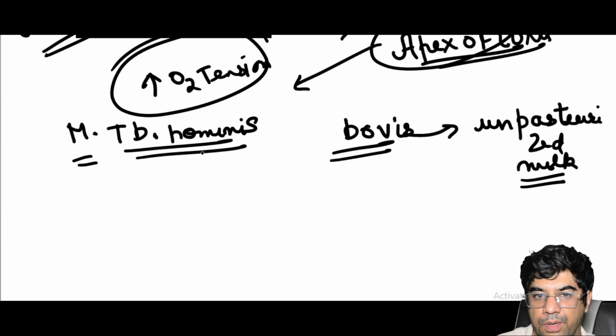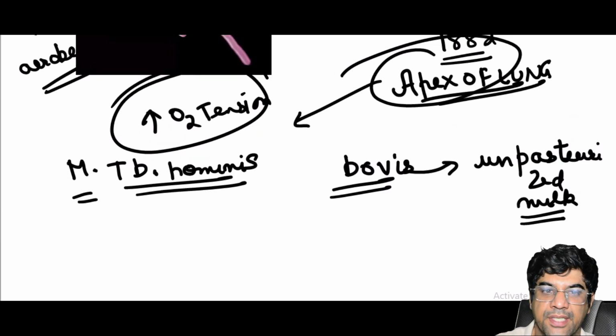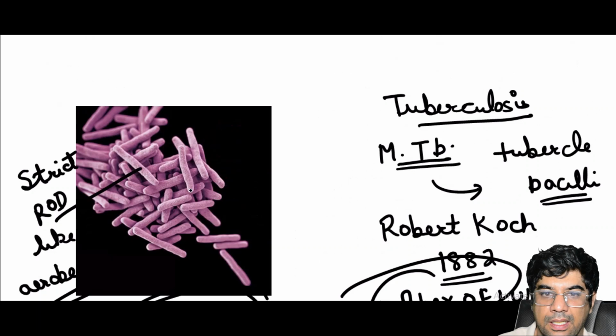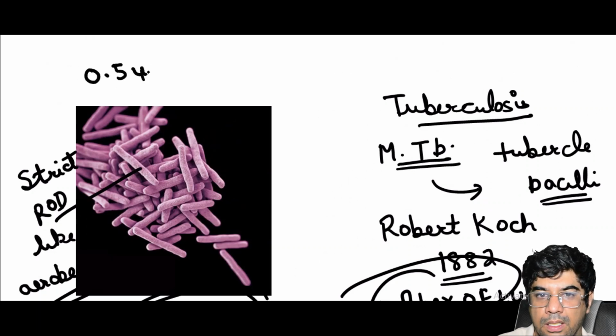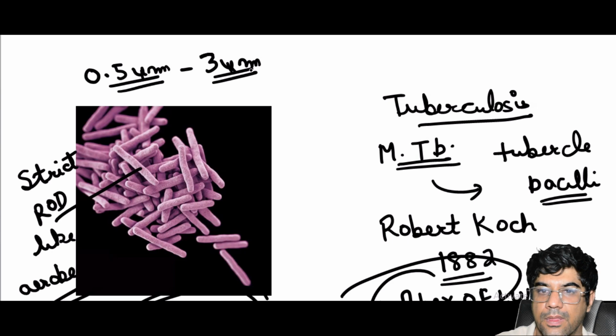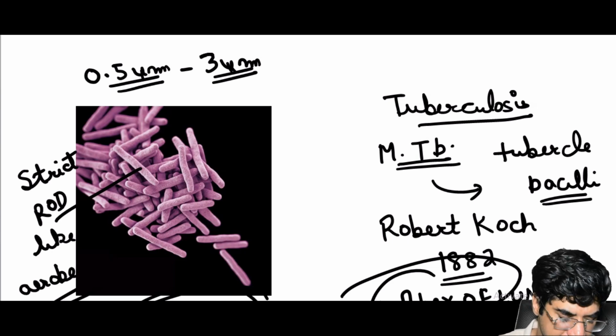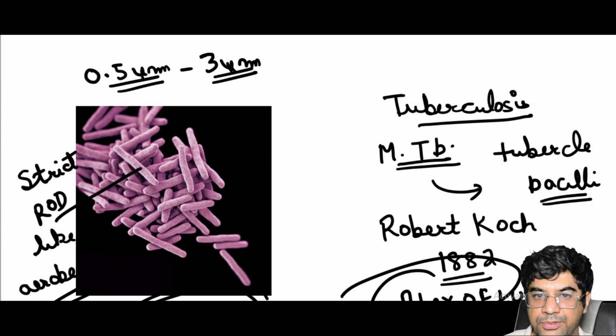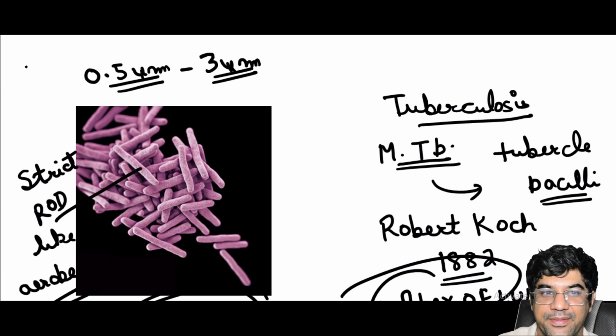Now remember, M. tuberculosis is a rod-shaped bacilli that measures around 0.5 micrometer to 3 micrometer in size. And remember, it does not stain with the usual gram staining method. Instead, we use special methods to identify it.